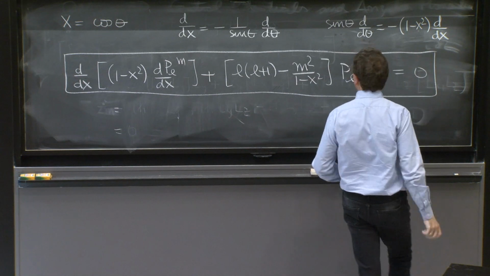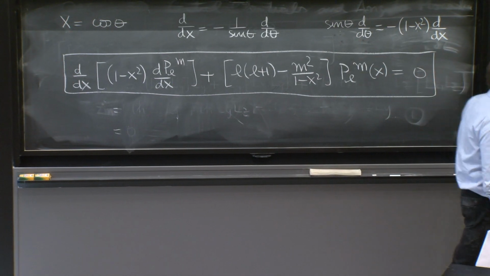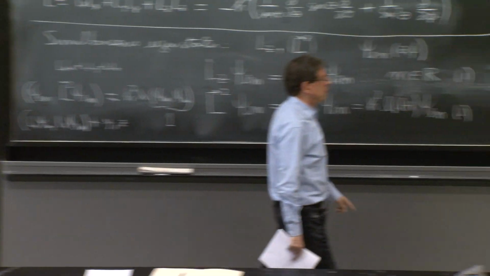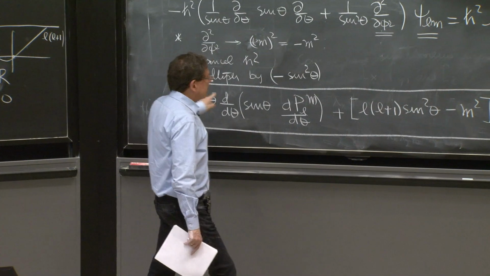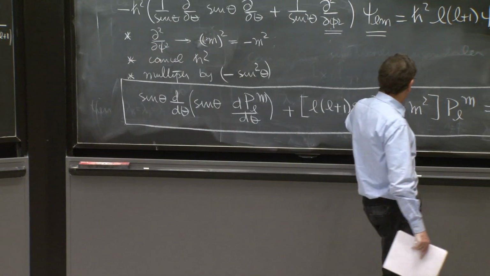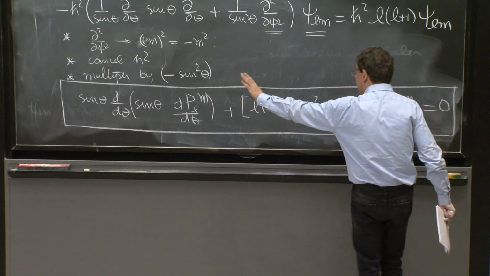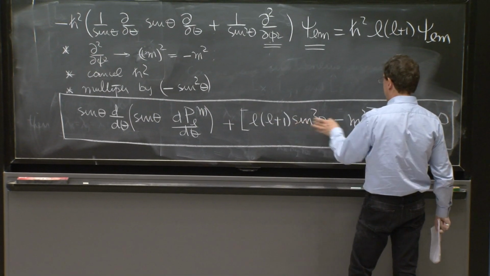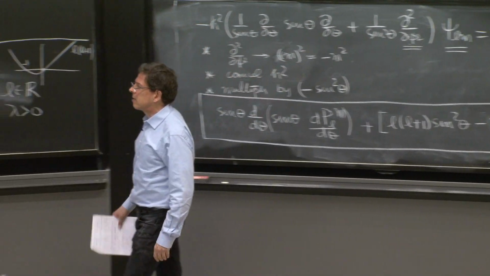The only thing that you may wonder is what happened to the 1 minus x squared that arises from this first term. Well, there's a 1 minus x squared here, and we divided by all of it. So it disappeared from the first term, disappeared from here, but the m squared ended up divided by 1 minus x squared.